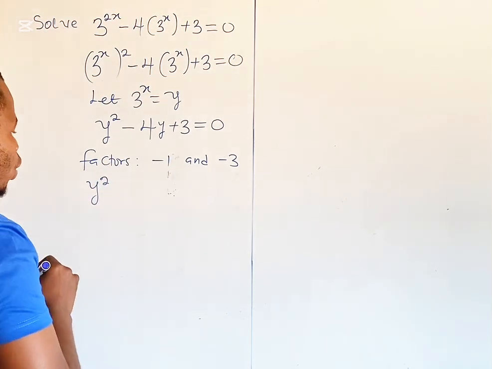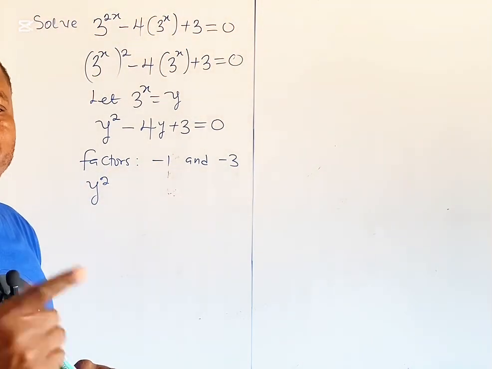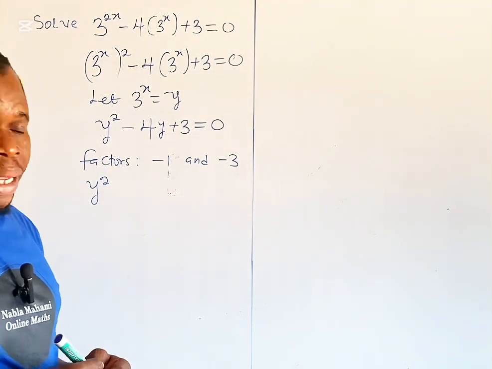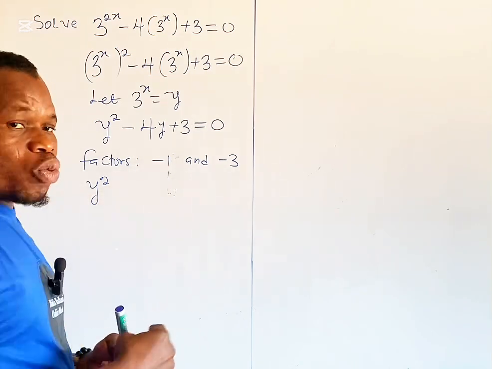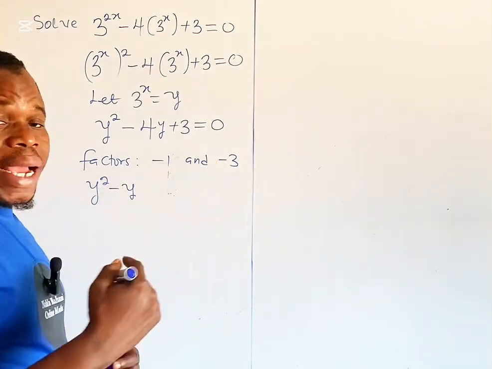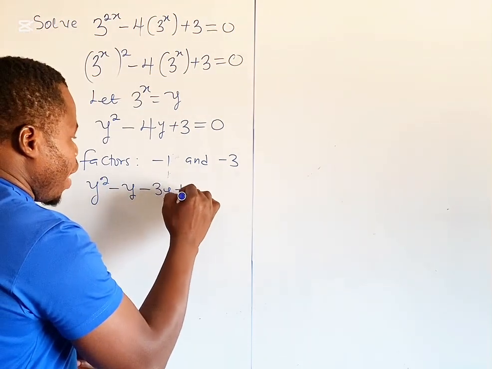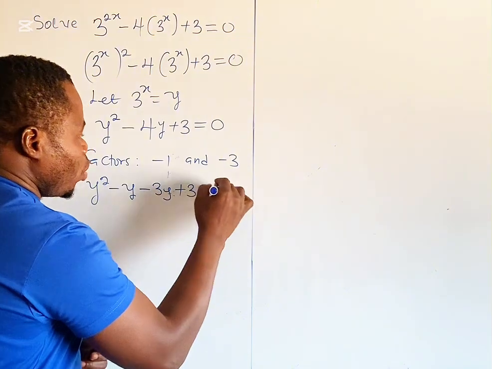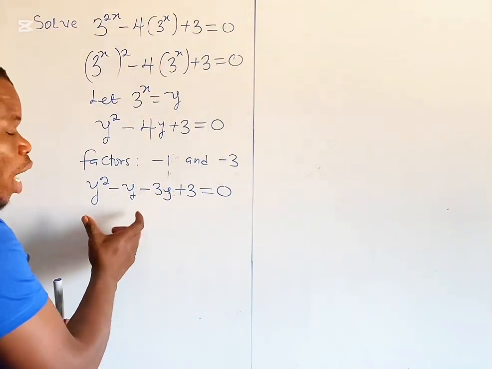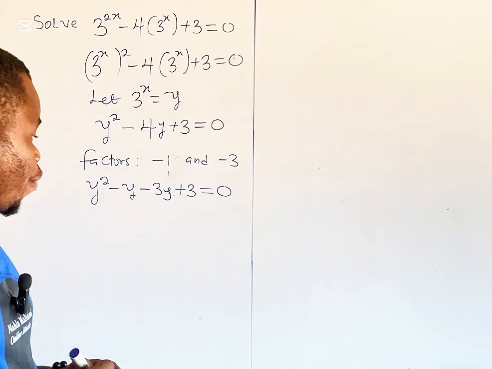So y squared. These factors, I will now multiply each of them by the variable y. So minus 1 times y, I'll get minus y. Minus 3 times y, I'll get minus 3y, plus 3 is equal to 0. Now I will group them into two terms and factorize the common factor.